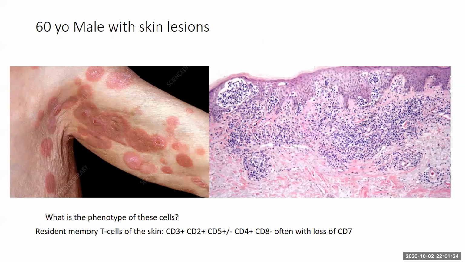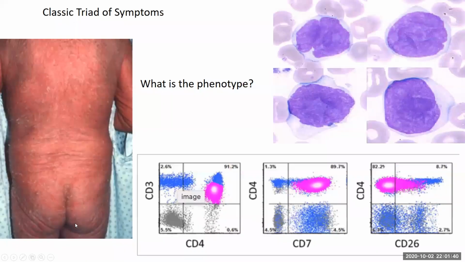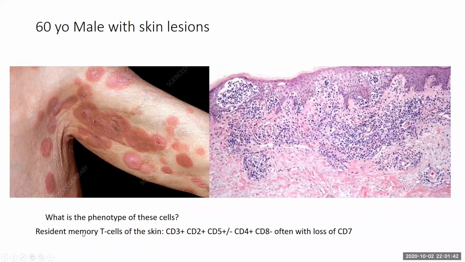Off the bat, really quickly, what's this syndrome here? Sézary or mycosis fungoides. Right. So you have the Pautrier's microabscess, T-cell infiltrate, and it helps me remember that these are memory T cells of the skin. Remember, the T cells, CD4 and CD8, come in two different flavors.